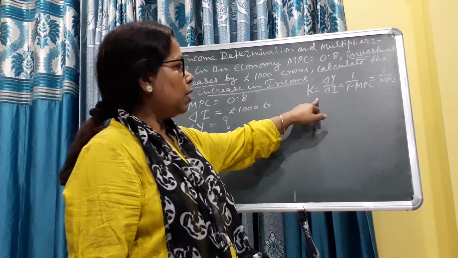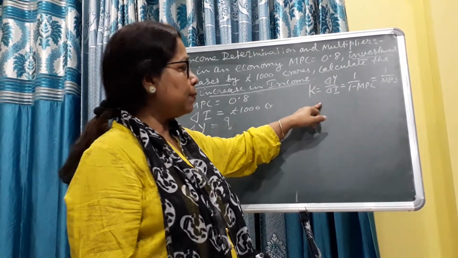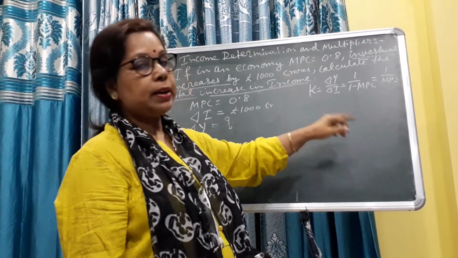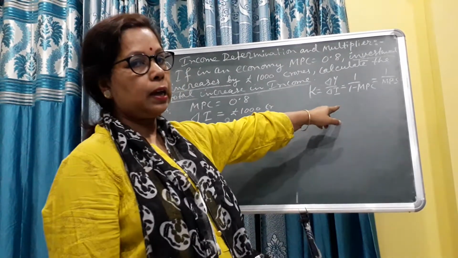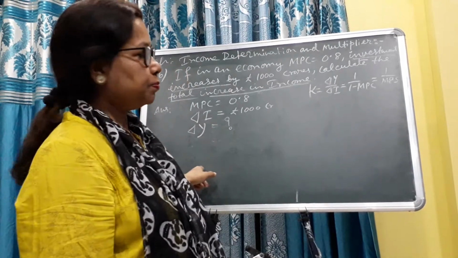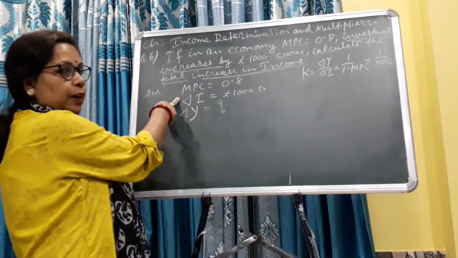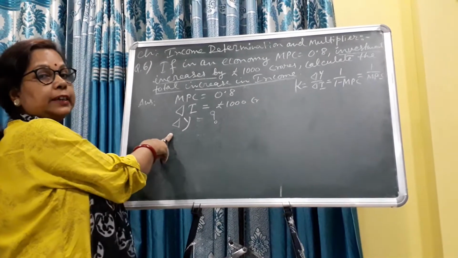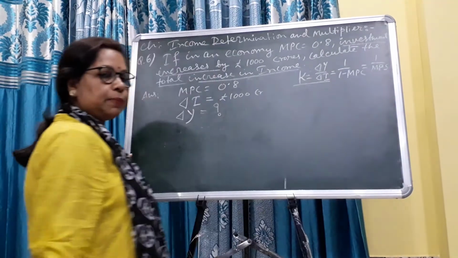I explained before in what way K equals delta Y by delta I or 1 by 1 minus MPC or 1 by MPS. So this formula will be applied here, as we have delta I and we have to find out delta Y.